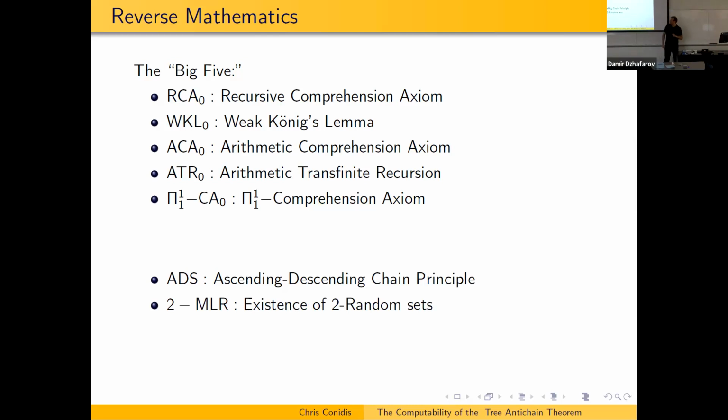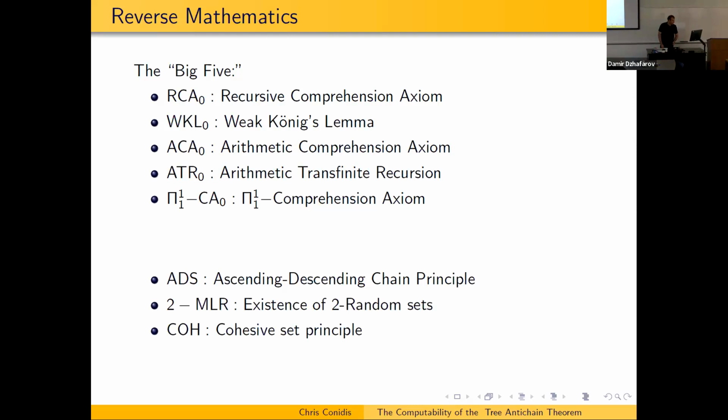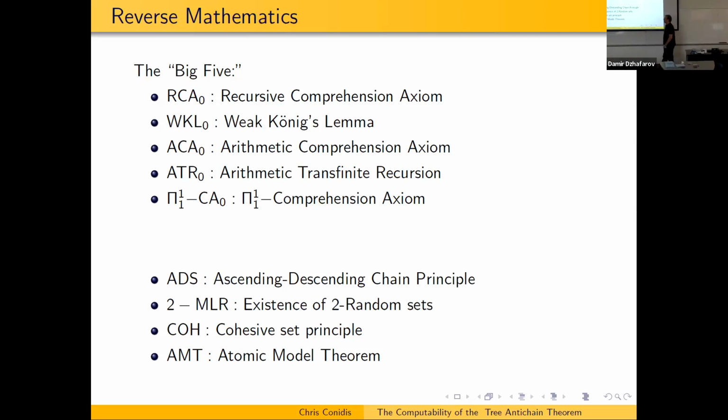The cohesive set principle, which you've probably seen, and the atomic model theorem also comes into this. Every atomic theory has an atomic model. These are all subsystems that are relevant to what I'm going to say today. Probably the two most relevant are the first two, the ascending descending chain principle, and 2MLR, the existence of two random sets.